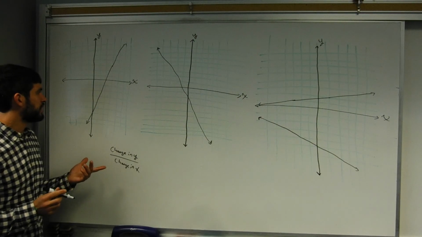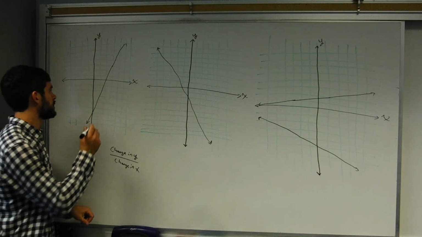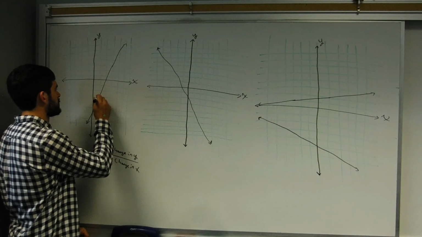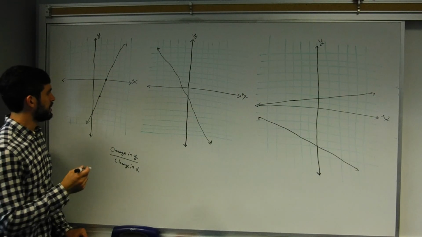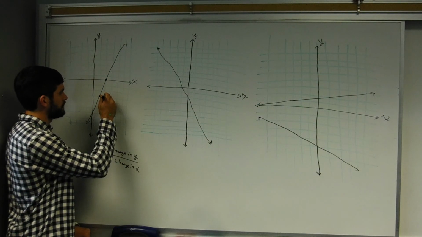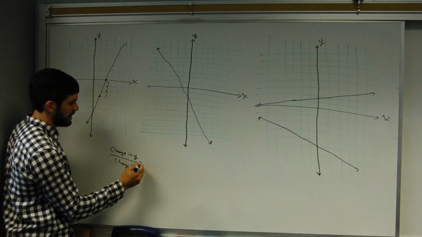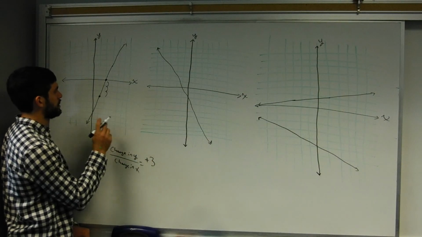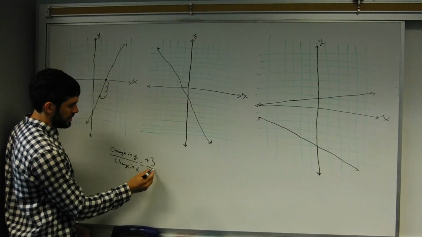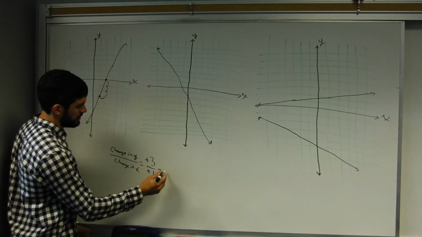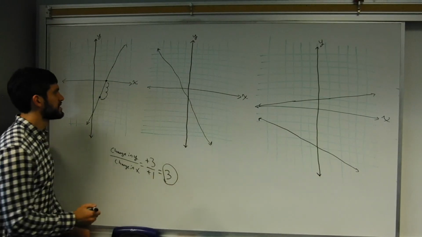So we could just pick 2 points, any function. Let's pick this one and this one. You'll notice our change in y is plus 3. It's going up 3. And our change in x is plus 1. So our slope would just be equal to 3 on this one.